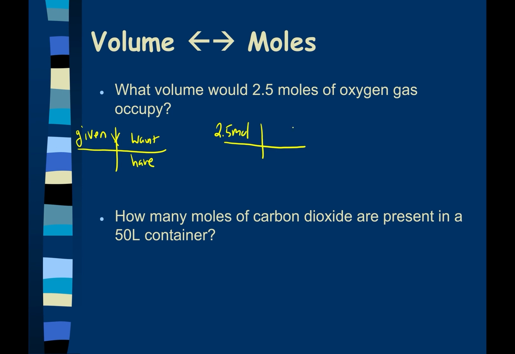Now we want to get the liters, and we currently have moles. And we have just learned that 1 mole of gas at STP will occupy 22.4 liters. So we get 2.5 times 22.4, and that equals 56 liters of oxygen gas at STP. So that is one use of molar volume, being able to convert moles into liters at STP.